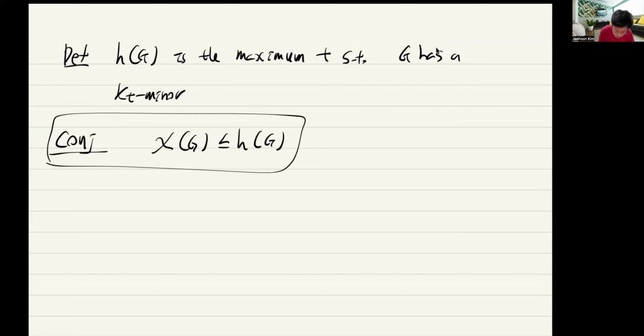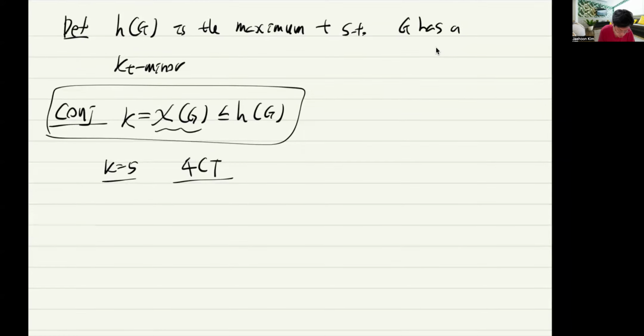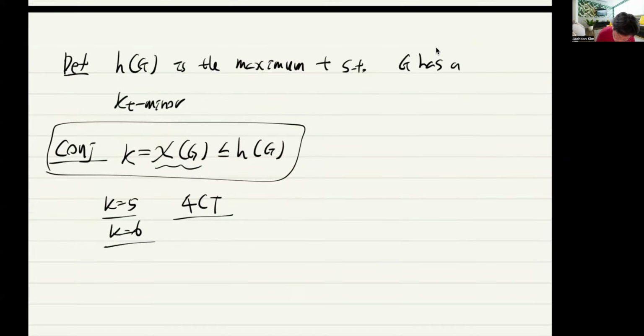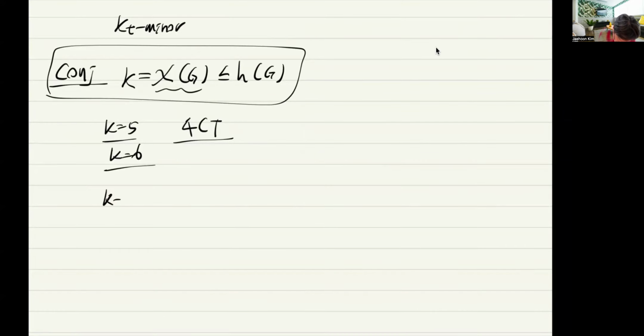And this one is not too difficult for k equals 3, or 4, but when k is 5, this is equivalent to the 4 color theorem. And it's known for k equals 6 as well, but the proof uses the 4 color theorem. And how it's related is that if you know that your graph is k-chromatic, then this has a degeneracy.